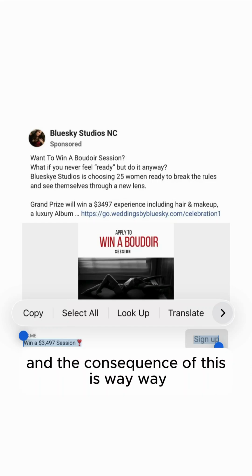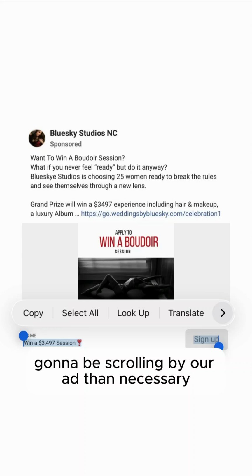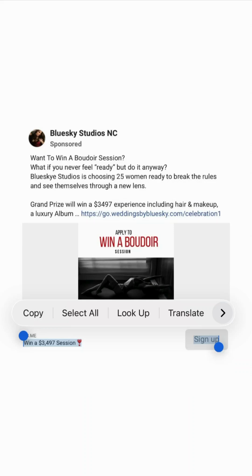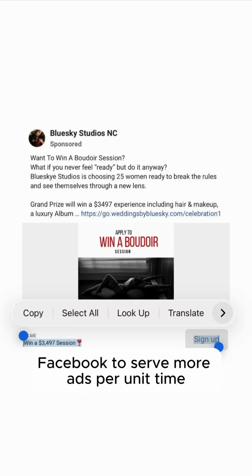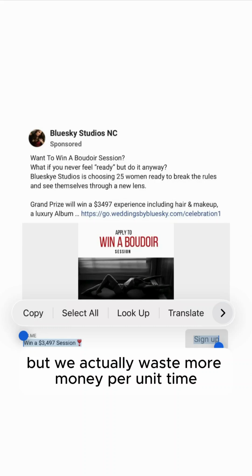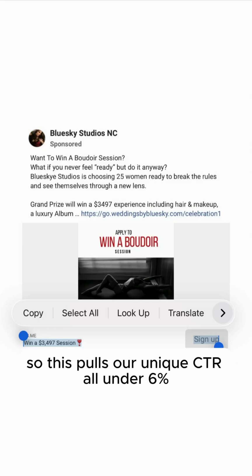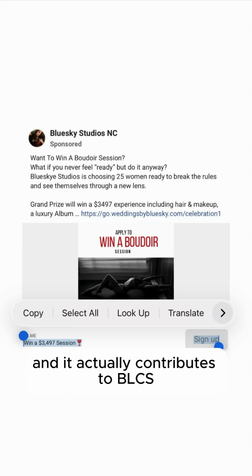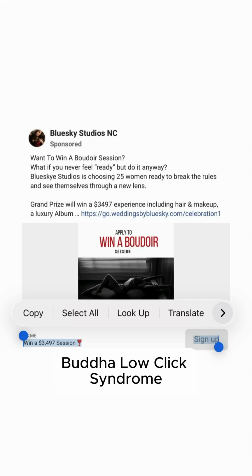And the consequence of this is way, way more women going to be scrolling by our ad than necessary, which Facebook likes because it enables Facebook to serve more ads per unit time, make more money per unit time, but we actually waste more money per unit time. So this pulls our unique CTR under 6%, and it actually contributes to BLCS, Boudoir low click syndrome.